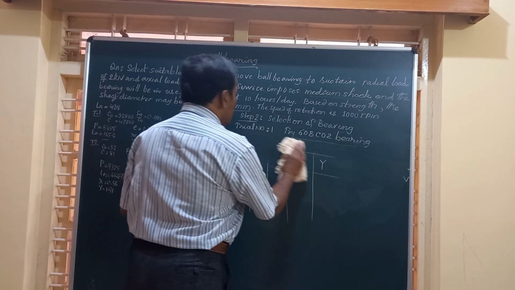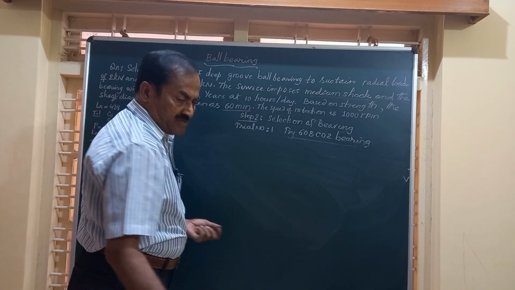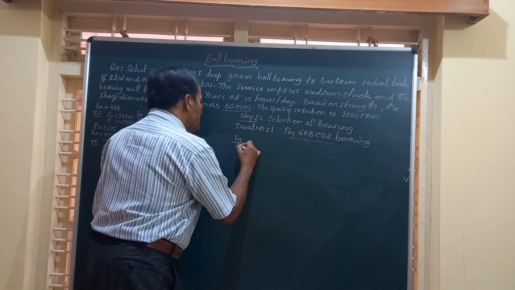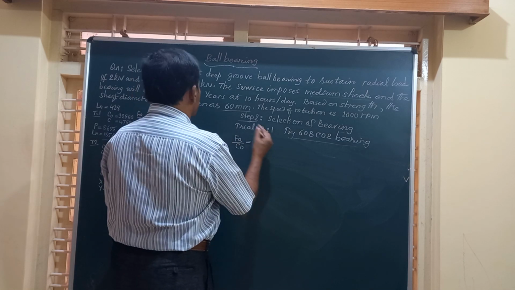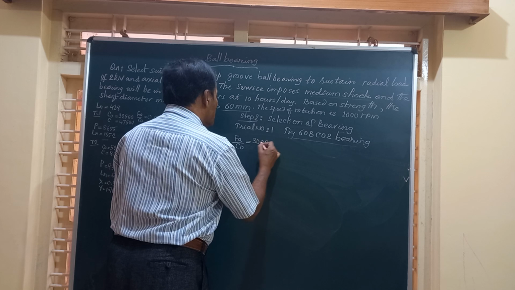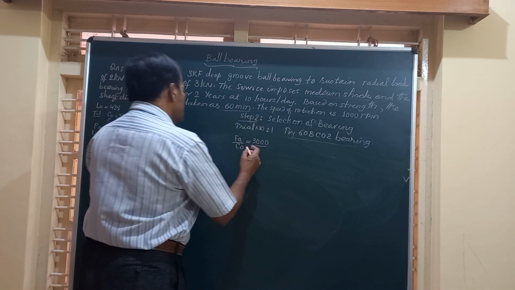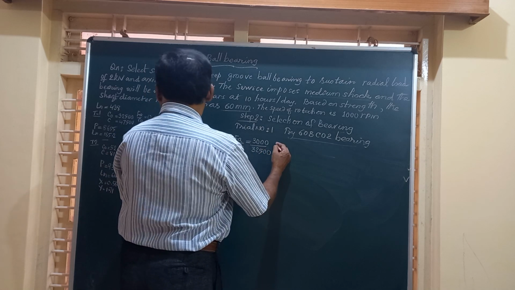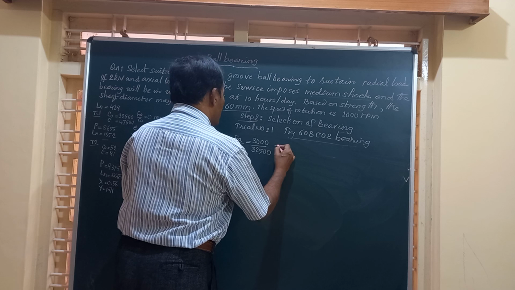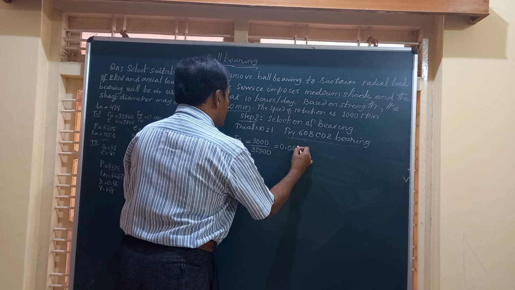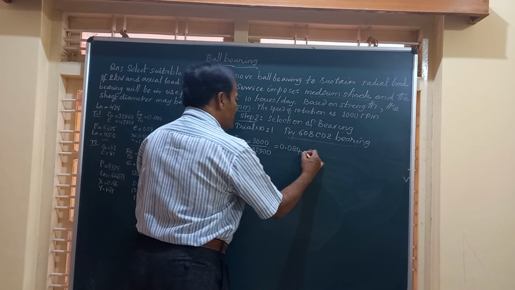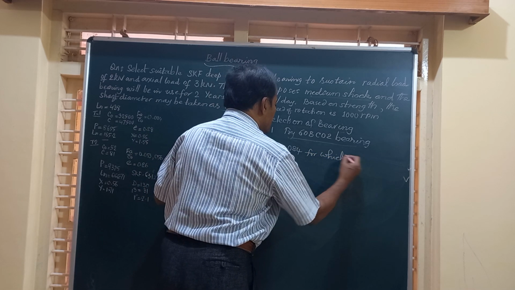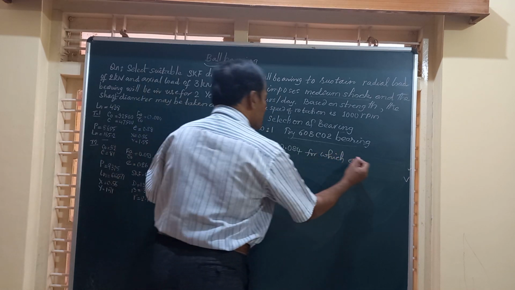For the given bearing, FA over C0, where FA is the axial load 3000 divided by C0 which is 32,500, works out to 0.084, for which we have this constant E equal to 0.28.